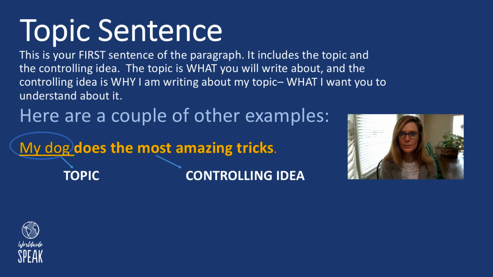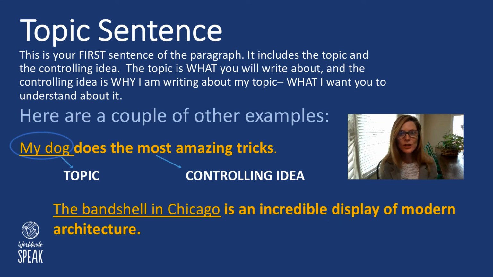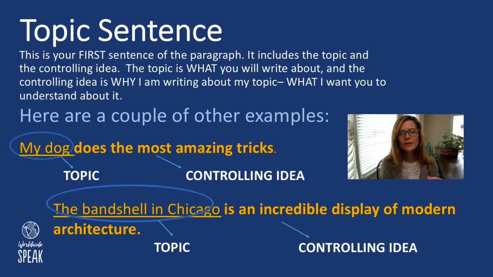Let's look at another one. The bandshell in Chicago is an incredible display of modern architecture. Again, the topic, the bandshell in Chicago. The controlling idea is an incredible display of modern architecture. You're talking about the bandshell, that's your topic. And then what is it that you're going to help your reader understand?